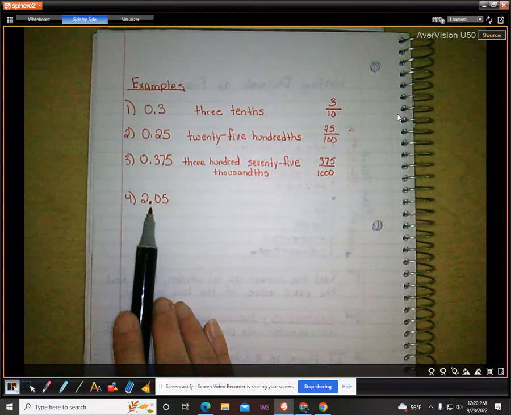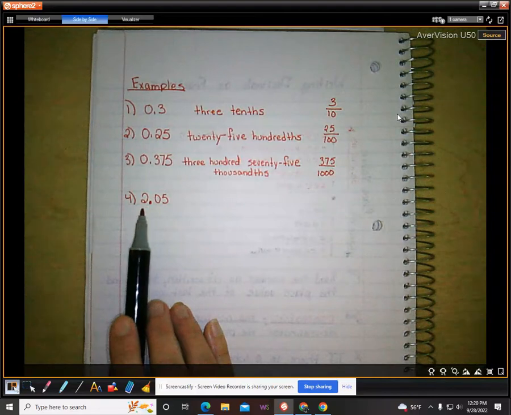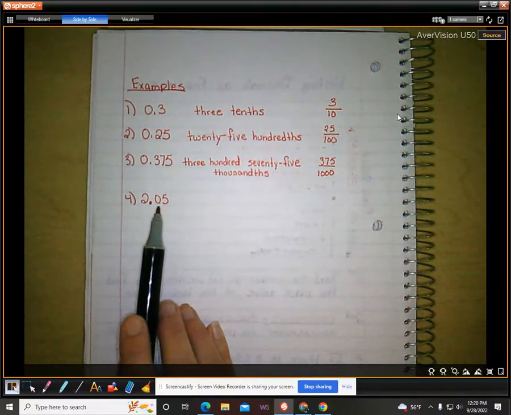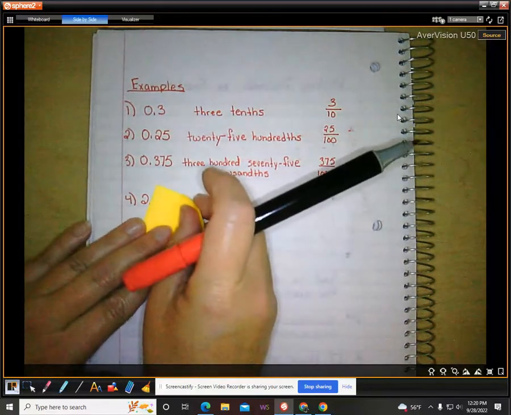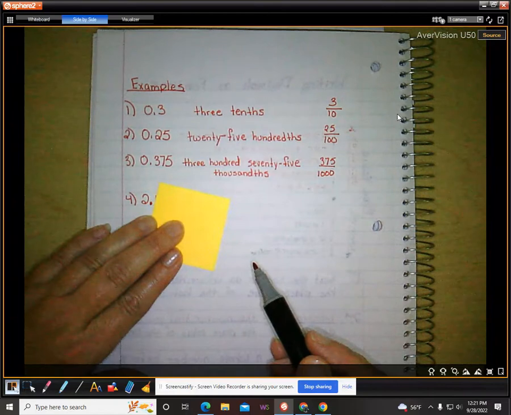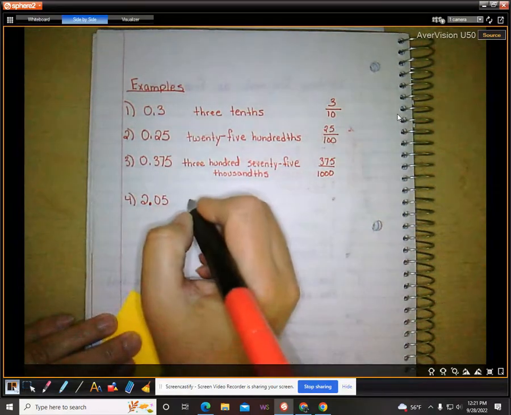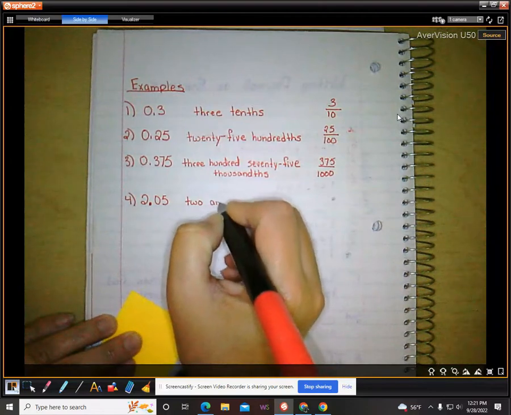It's not 2 point. Dominic? What's that? When we write it as a fraction, yes. But when we're just reading this as a decimal, James, it's and. Okay? So you would read the number before, 2. Then you have and. Okay? So that's how this would start. 2 and.